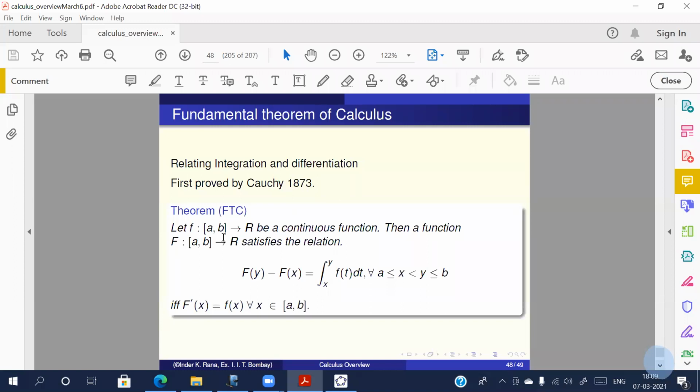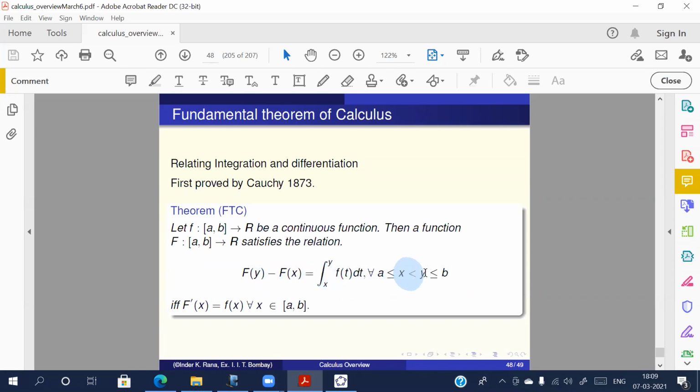It says, let f be a function from an interval [a, b] to R, a continuous function. So f is given to be continuous, and let us say capital F is another function from [a, b] to R, and they satisfy this relation: F(y) minus F(x) is the integral from x to y of f(t) dt, where a is less than x is less than y is less than b.